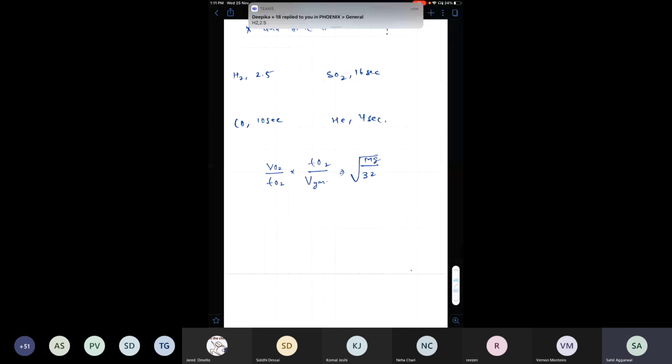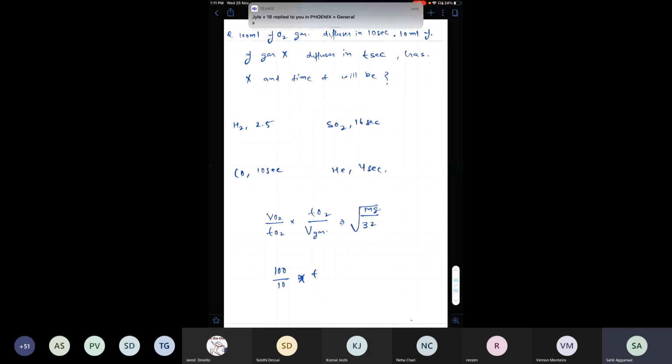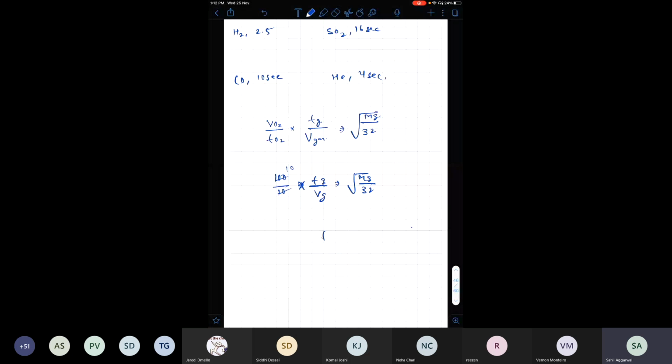Volume of O2 is 100 by 10, into T of gas by V of gas. M of gas divided by 32. This will become 10. So T of gas by V of gas into 100 is equal to M of gas by 32.